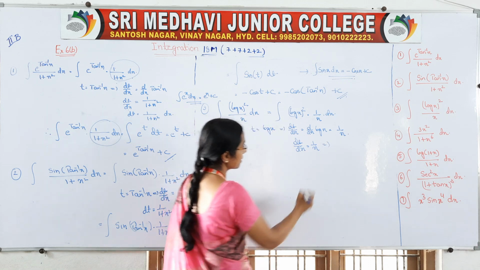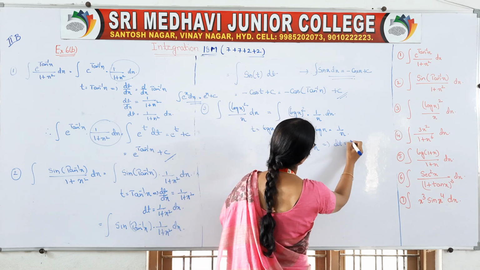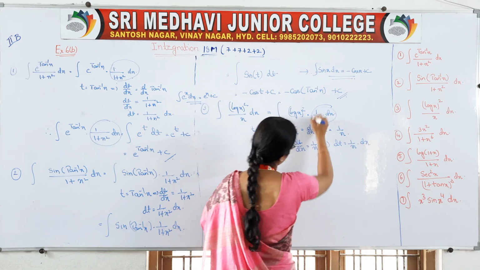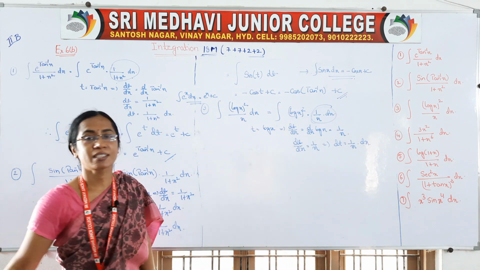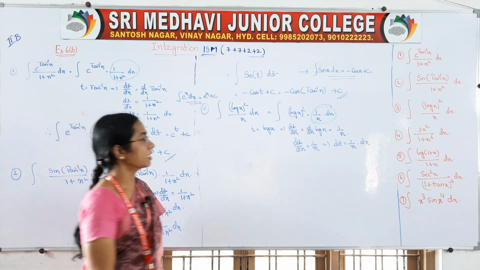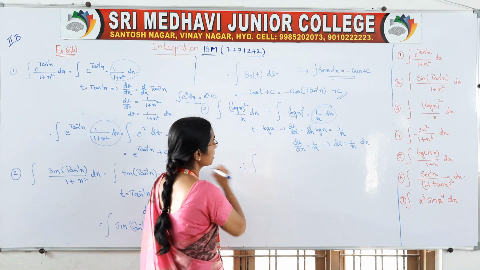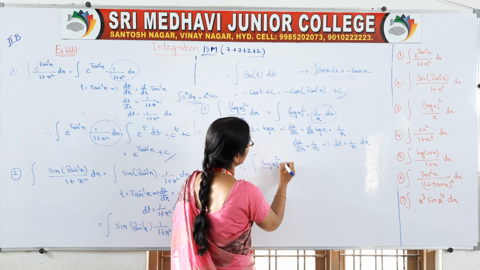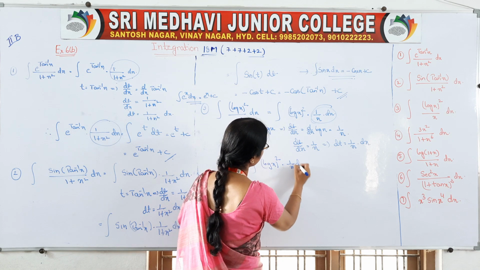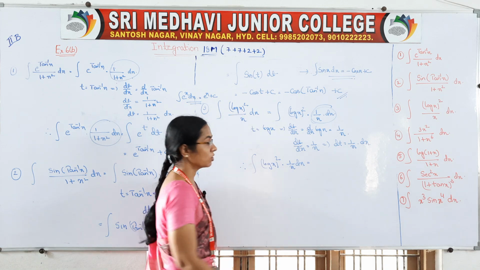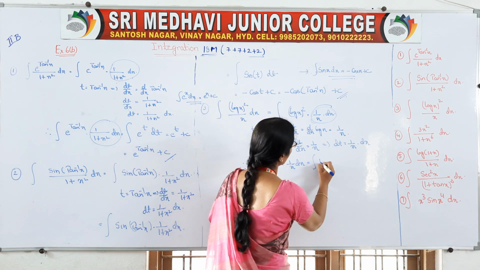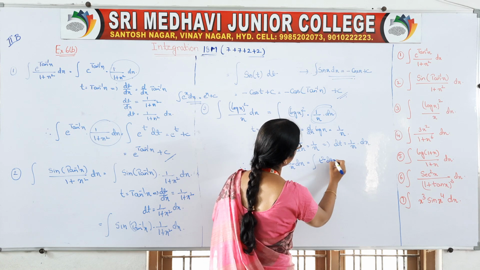Send dx that side. dt is equal to 1 by x into dx. See, 1 by x dx, that value is dt. So take your question now. Integral of (log x) whole square into 1 by x dx is equal to integral, we have taken log x as t, so t square dt.